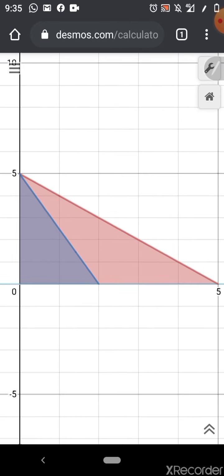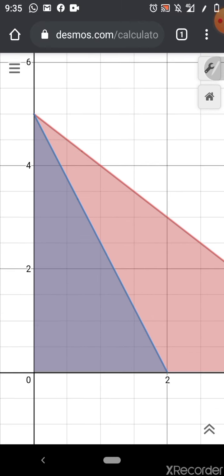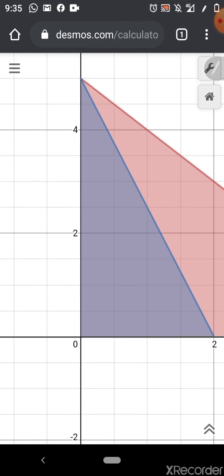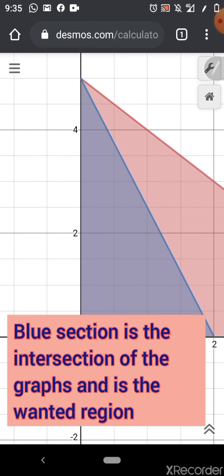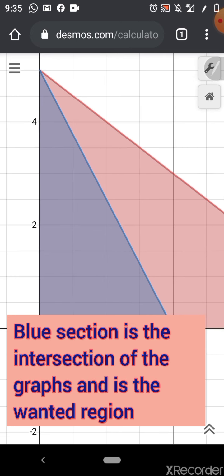Now I have a neat graph. It's nice and neat. And remember, I'm interested in the region that's satisfied by both of these inequalities. The red section and the blue section both intersect nicely in this little triangle here.